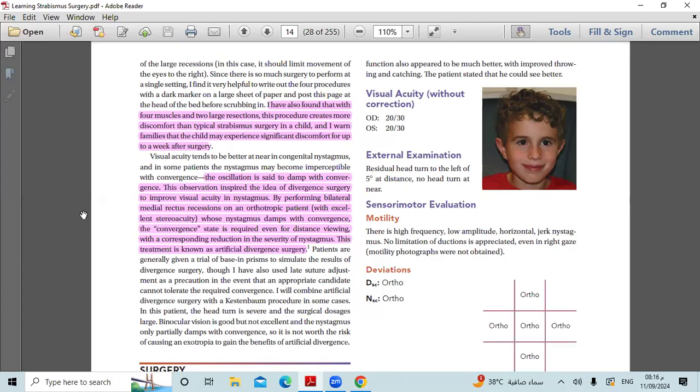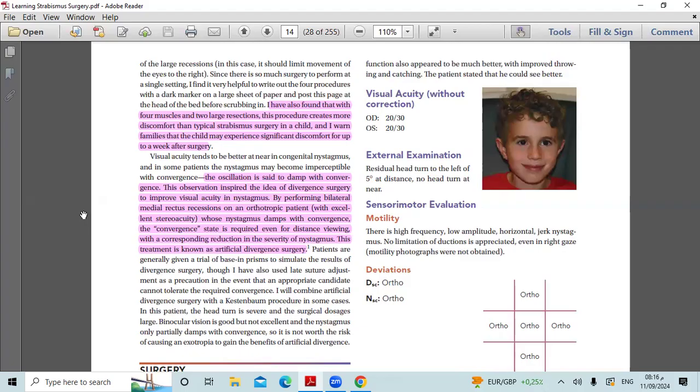By performing bilateral medial rectus recessions on an orthoptic patient with excellent stereoacuity, whose nystagmus dampens with convergence, the convergence state is required even for distance viewing. With the corresponding reduction in the severity of nystagmus, this treatment is known as artificial divergence surgery.